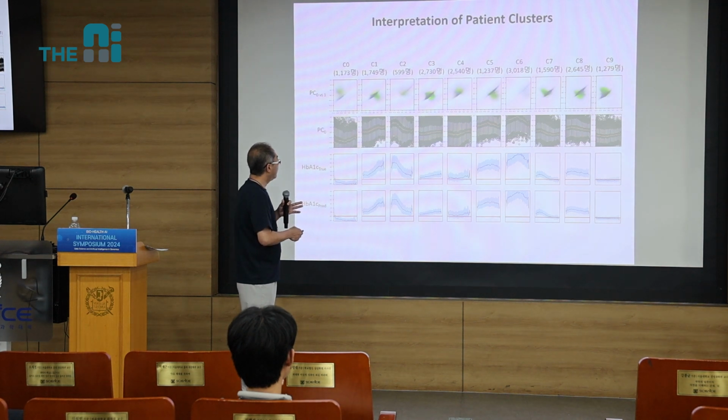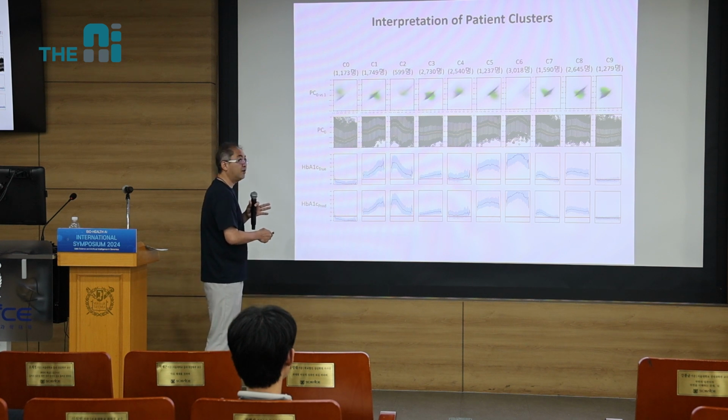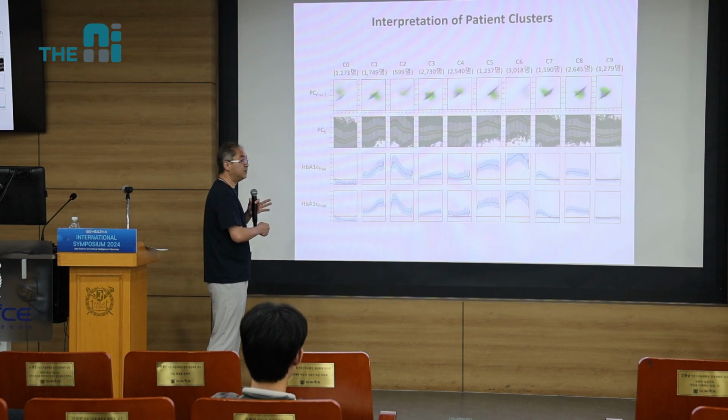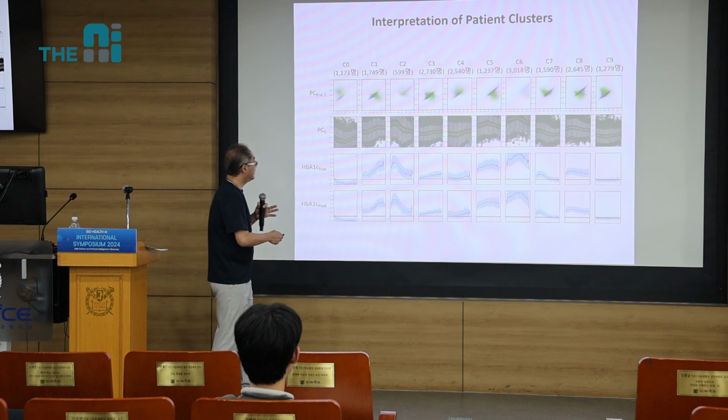And here, they go down, but they stop at a certain level, right? And even if you are treating with many different drugs, in these patients HbA1c still keeps going up. So these are the troublesome clusters, the patient groups here, these two.